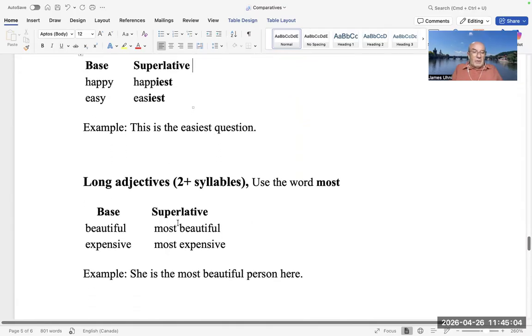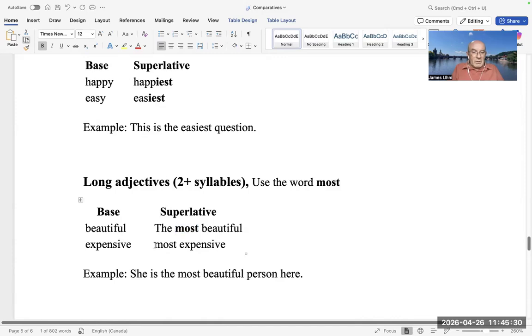Then we have long adjectives, 2 syllables. Use the word most. Beautiful. And now here is missing the most beautiful garden, for example.